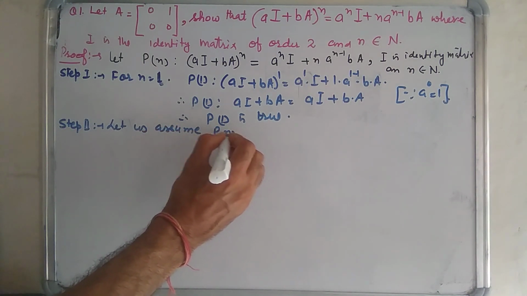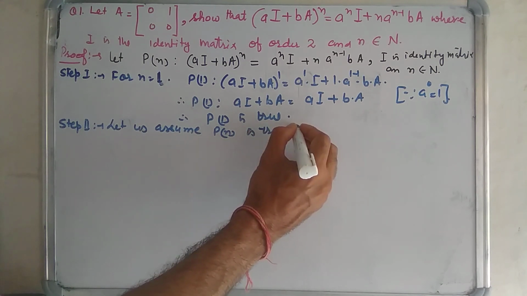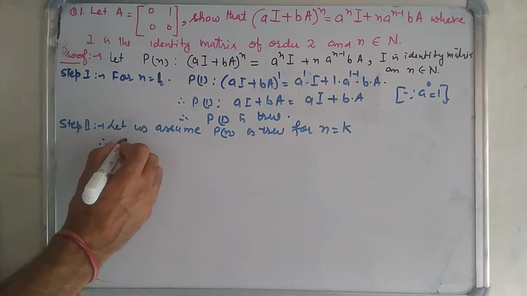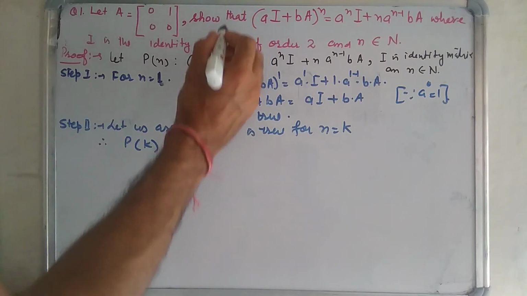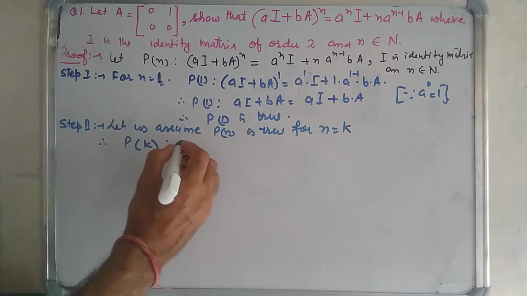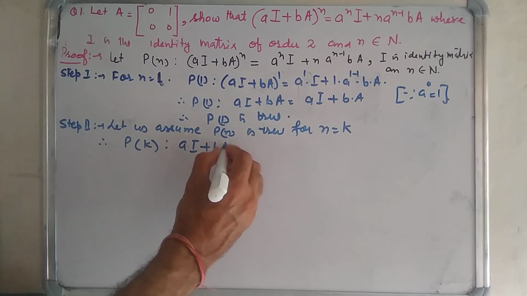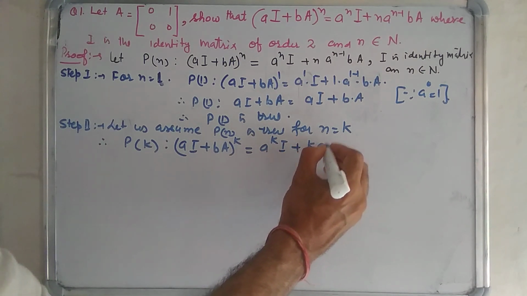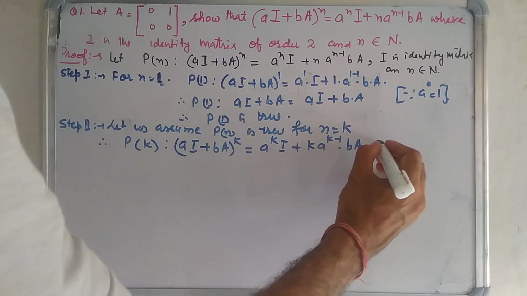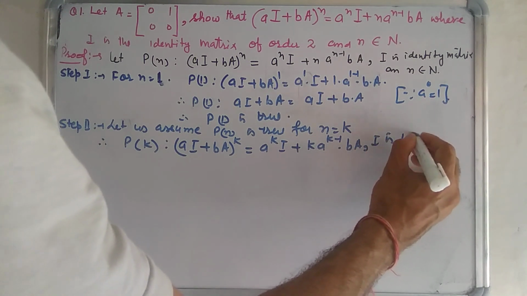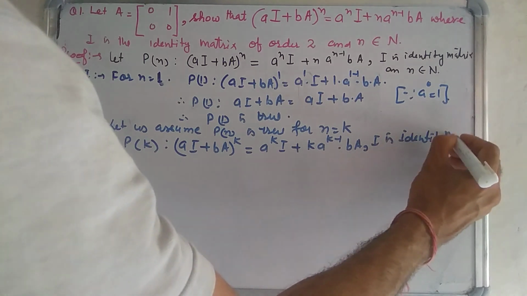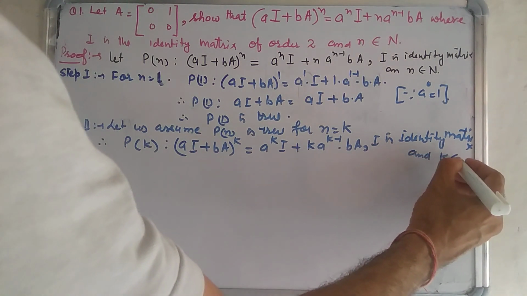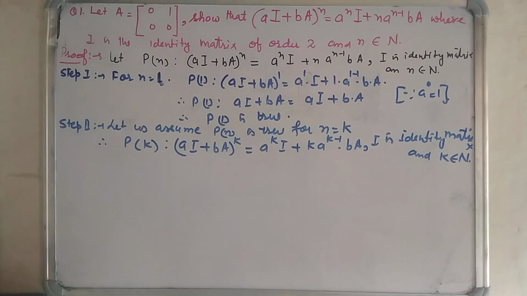Therefore P(k), replaced from this statement, is (aI + bA)^k = a^k I + k into a^(k-1) b into A, where I is the identity matrix and k is some natural number. k belongs to the set of natural numbers.